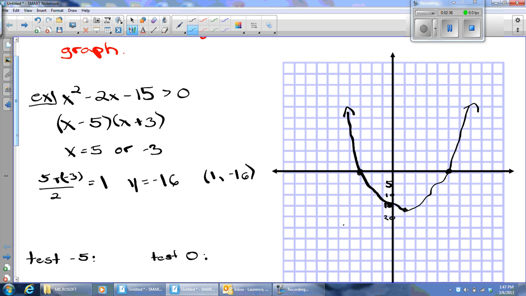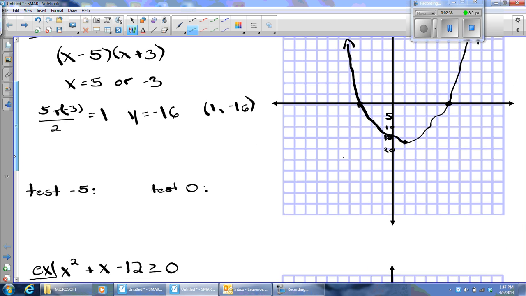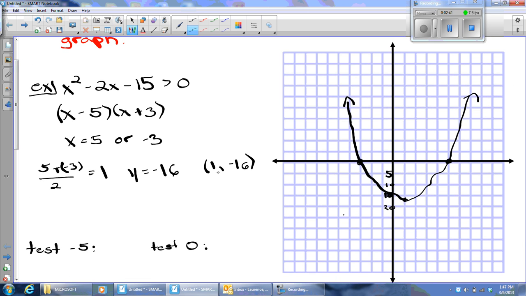Okay, now with inequalities, we are going to test points that are inside the parabola and outside the parabola, just like you guys did with linear equations, above and below the line. So the first point I picked was negative 5, which is outside of the parabola.